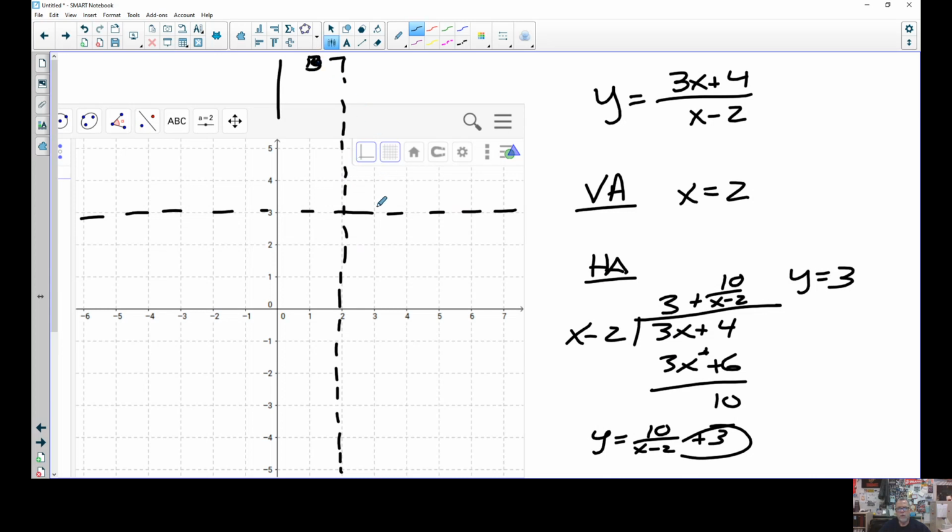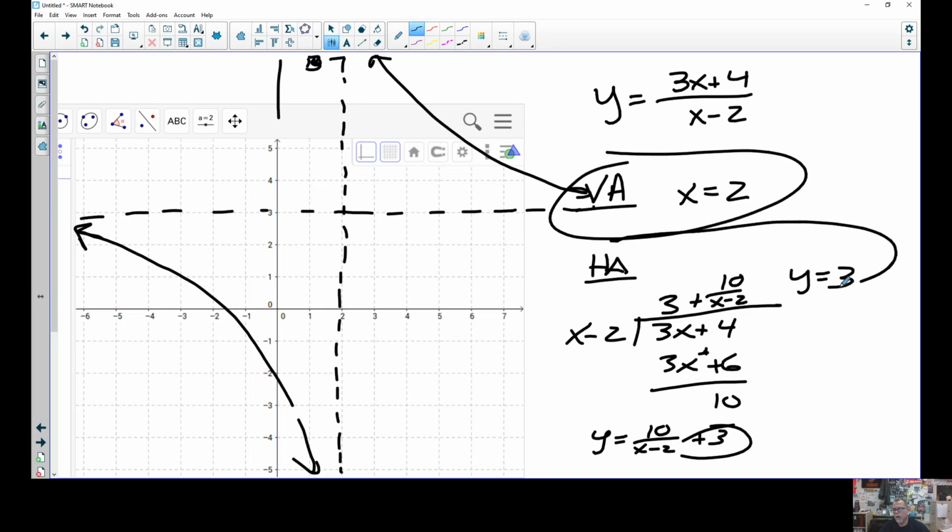Let's say that's 13, so over 1 up to that 13, and we would draw our graph, and back 1, down 10. And again, we'll just say it's down here. I don't want to take your time by resketching this grid. Okay, so we have that as our vertical asymptotes and our horizontal asymptotes.